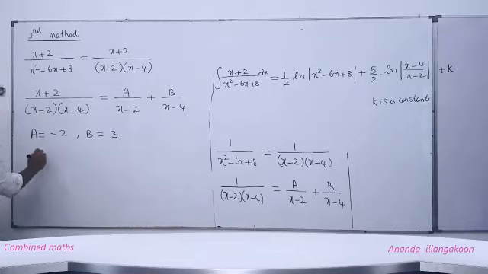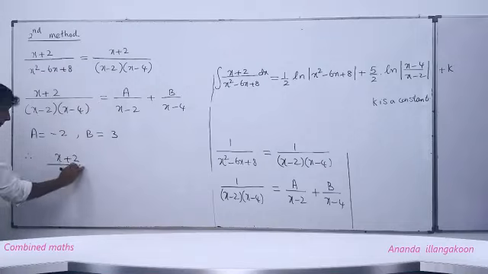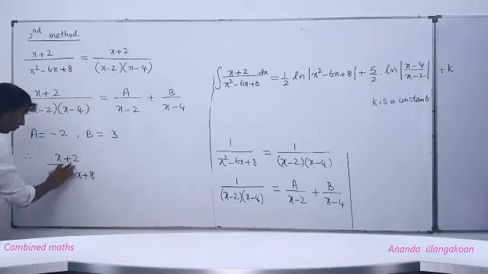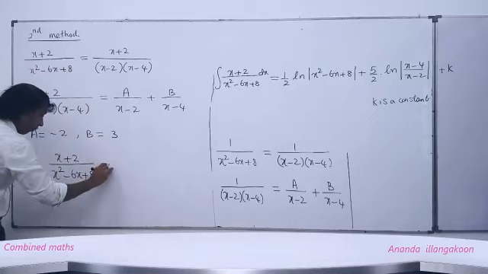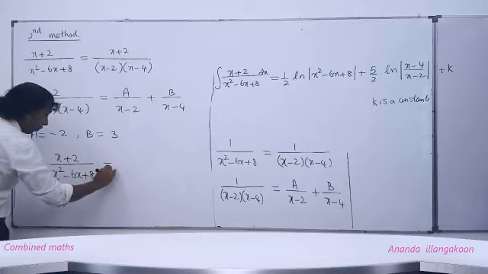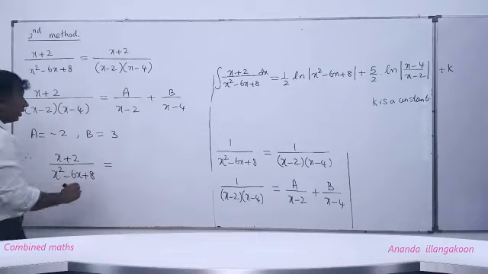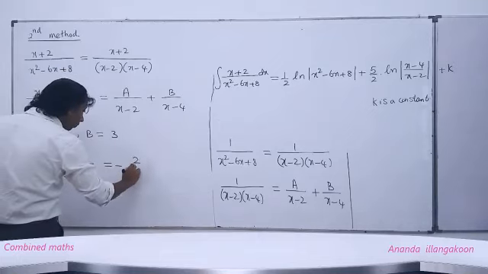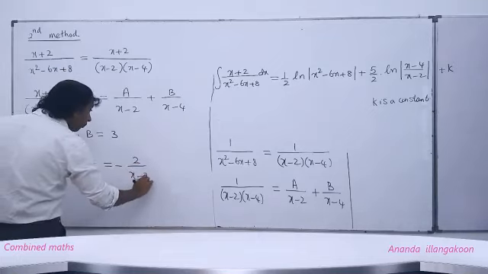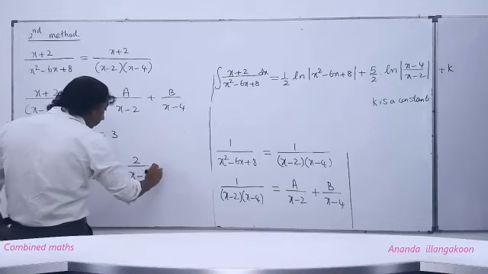Now we can write: x plus 2 divided by x squared minus 6x plus 8, A is minus 2, B is 3.